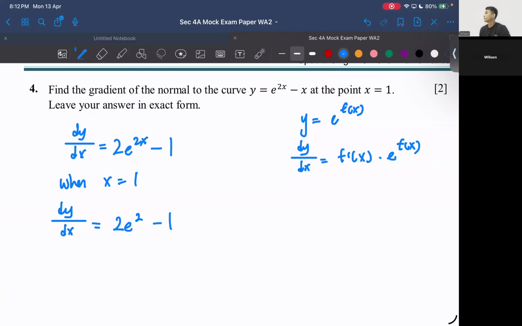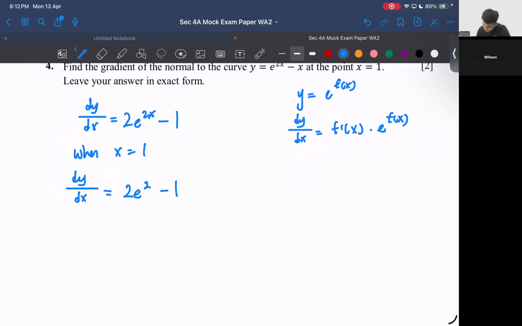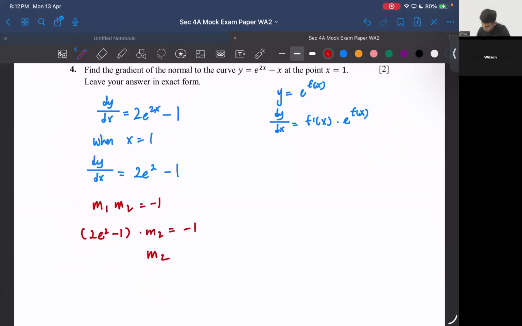So this is your m1, and m1 times m2 equals negative 1. So if my m1 is 2e to the power of 2 minus 1, m2, which is the gradient of the normal, is negative 1 divided by 2e to the power of 2 minus 1.